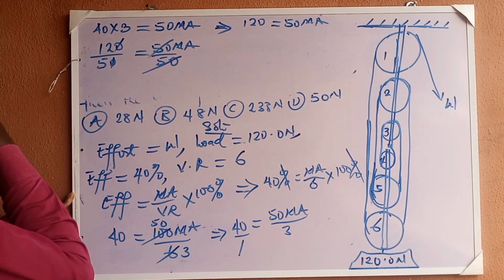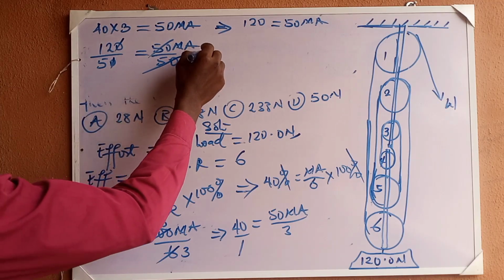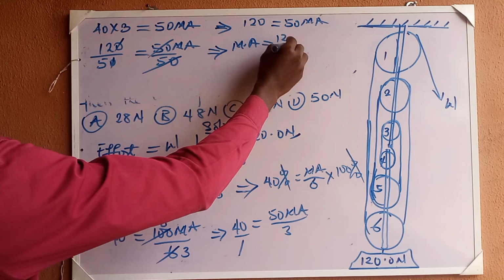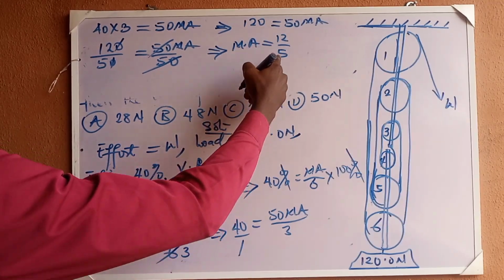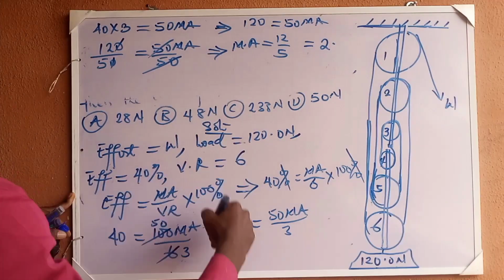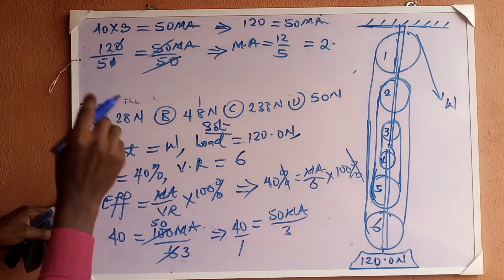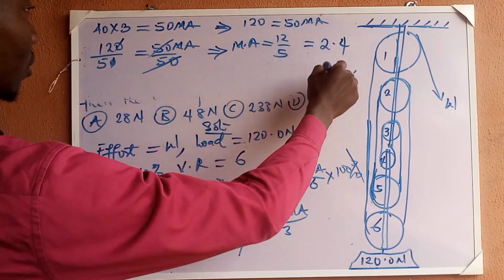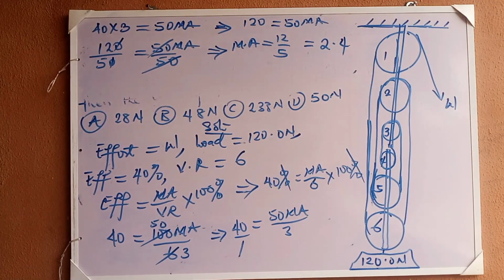So we have 12 over 5. So this implies that our mechanical advantage is 12 over 5. Let's look at it. How many 5s can we get in 12? We can get 2, remainder 2, and 5 in 2 cannot go, add 0. 5 in 20 gives us 4. That gives us 2.4 as the mechanical advantage.